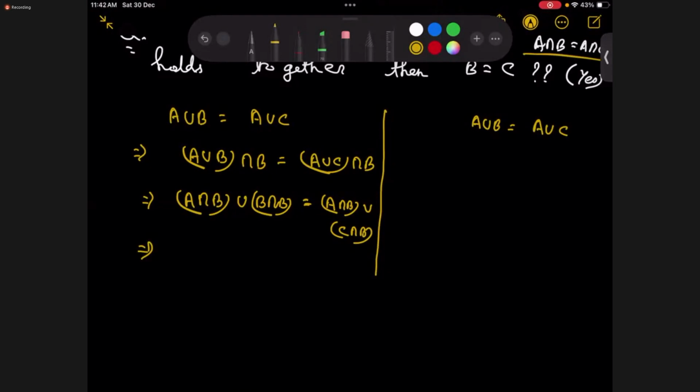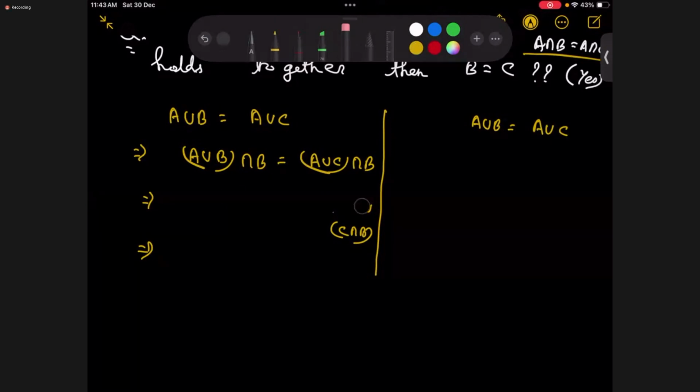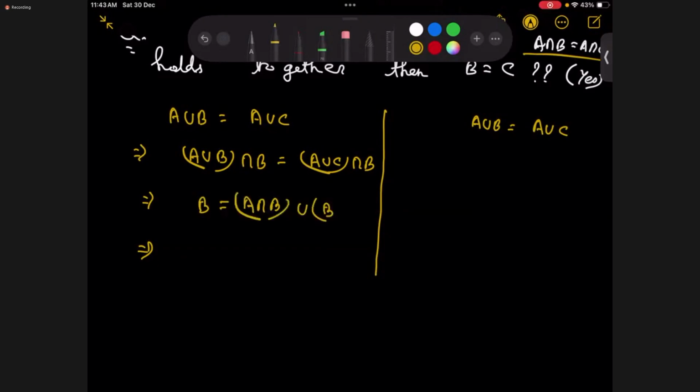This is nothing but B. It is enough to say B, because B is a subset of A union B, and if I take intersection, then obviously we will get B. So if I rewrite this line, B equals A intersection B union B intersection C.